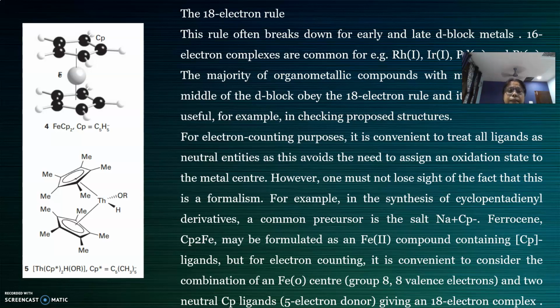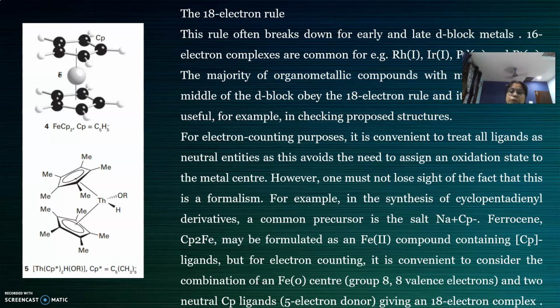So whether it is 18 electron or 16 electron, depending on the conditions, both types are found to be extremely stable. But as a general rule, we can say that an organometallic will be stable if it has 18 electrons in it.